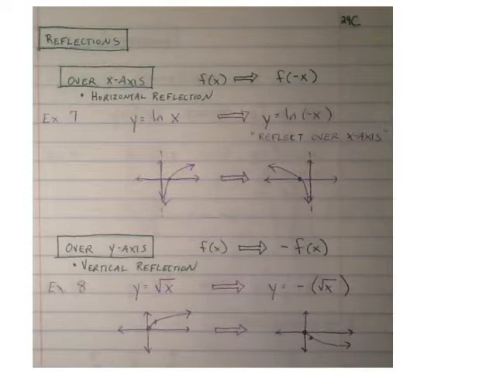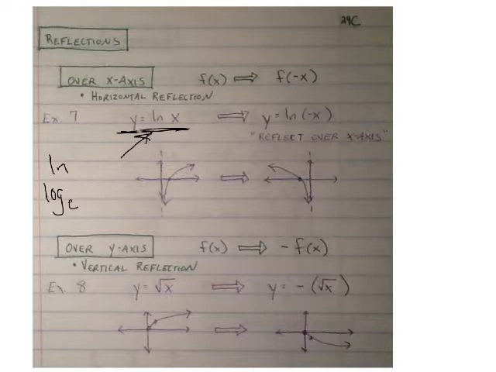The next two transformations are called reflections, and we have a horizontal reflection, or a reflection over the x-axis. You can see graphically what I've done is I've taken this image and reflected it over the x-axis. The way we do that is we replace x with negative x. So in our original function, which was y equals the natural log of x, and by the way, the natural log is just log with a base of e.